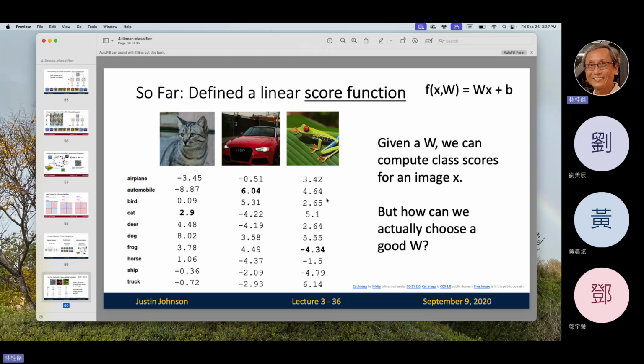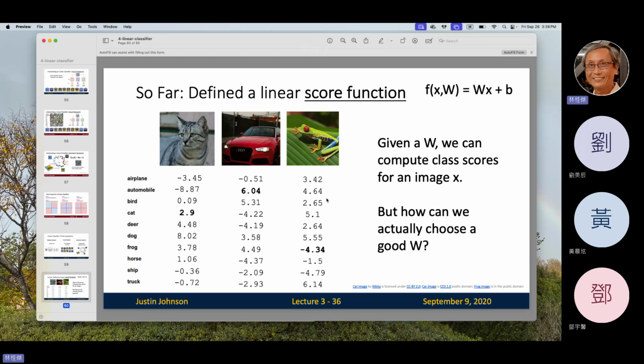So for this one, you can see that it has a high score for dog, but actually the cat score is 2.9. For this particular picture, you can see that it has a high score of 6 for the automobile, but it has a low score for, for example, a deer or a cat. For this picture here, you have the score like this.